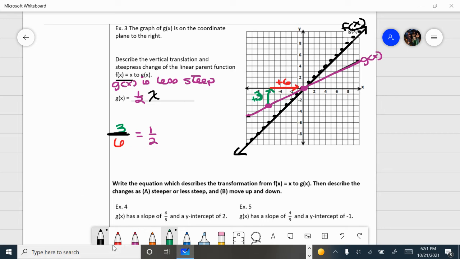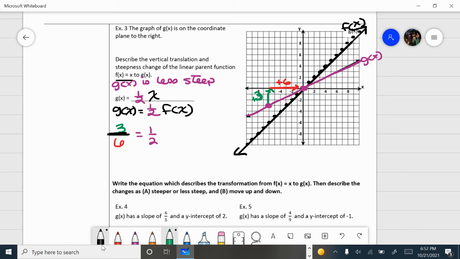Now, if I want to write this in function notation form, g of x equals 1/2 f of x. Anytime I'm putting that 1/2 or that slope outside the f of x, that's going to affect how steep that line is, how quickly it moves from one point to the next.